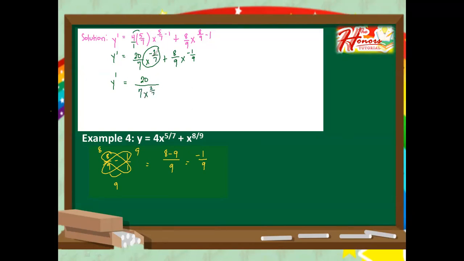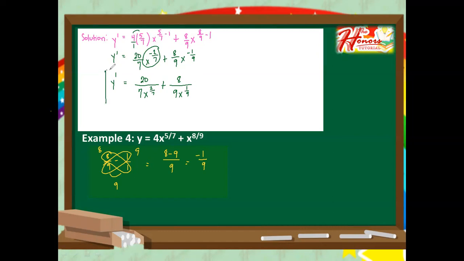And since we transfer this exponent to our denominator, meaning it will become a positive number, plus 8 over 9x raised to 1 over 9. So this negative number should be positive. So therefore, we transpose it or transfer it here in our denominator.